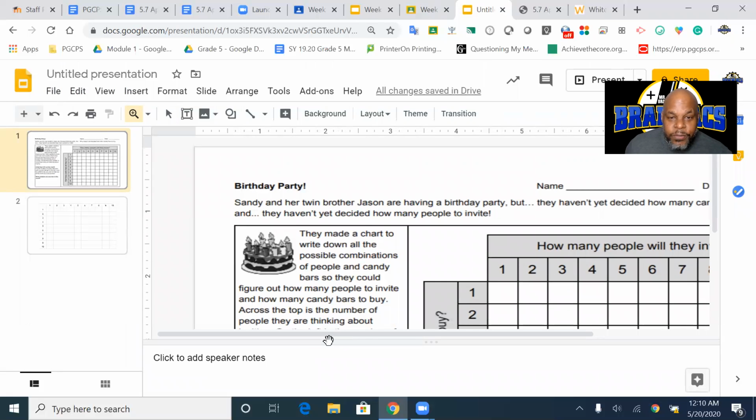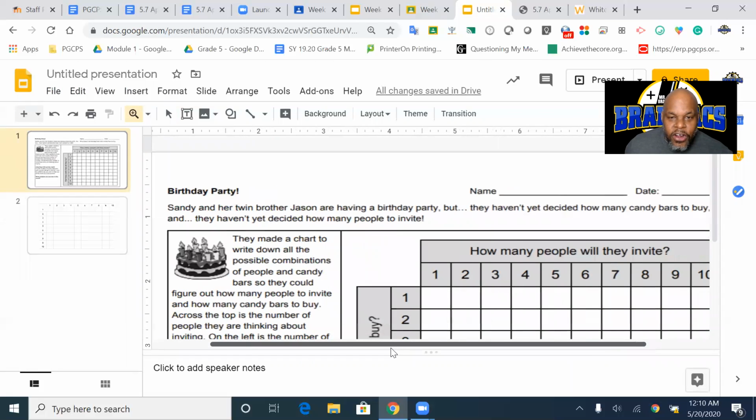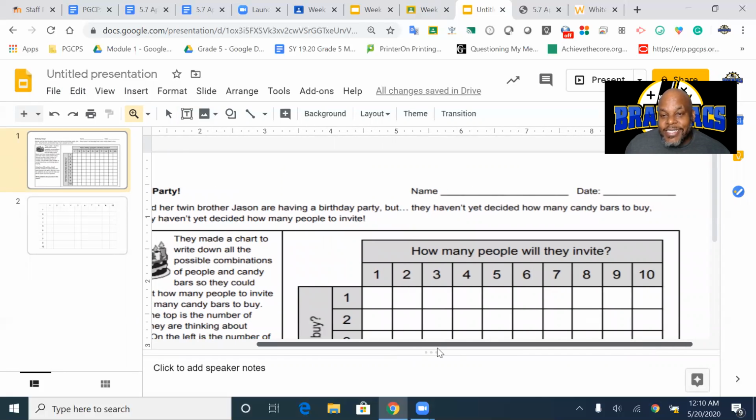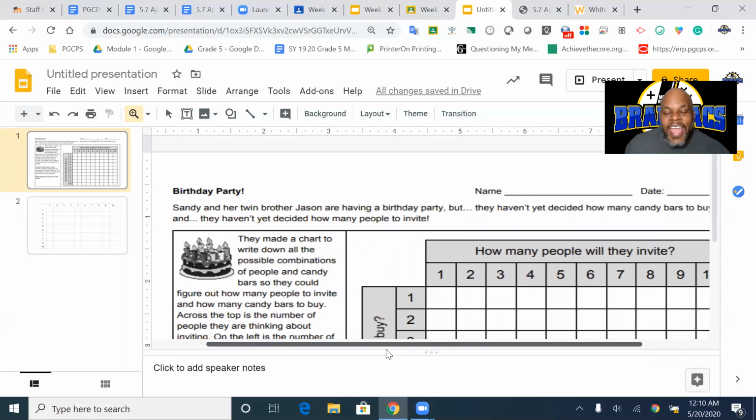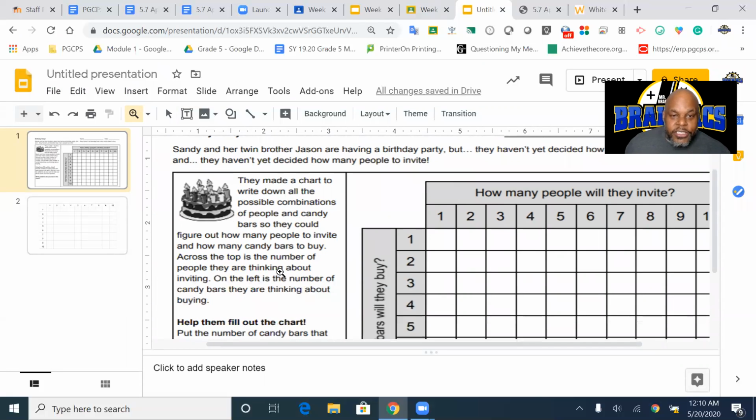Sandy and her twin brother, Jason, are having a birthday party, but they haven't yet decided how many candy bars to buy. And they haven't decided how many people to invite. They made a chart to write down all of the possible combinations of people and the candy bars so they could figure out how many people to invite and how many candy bars to buy.